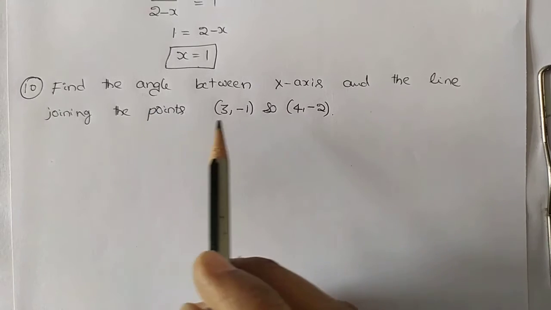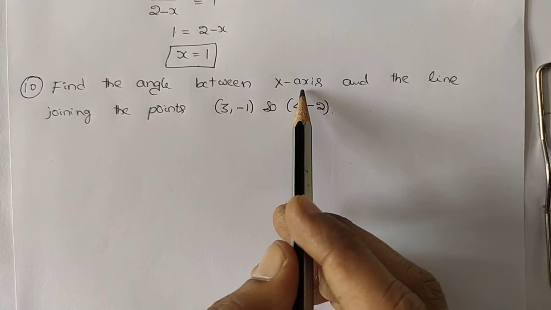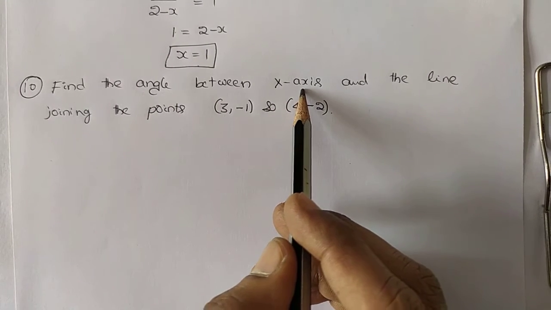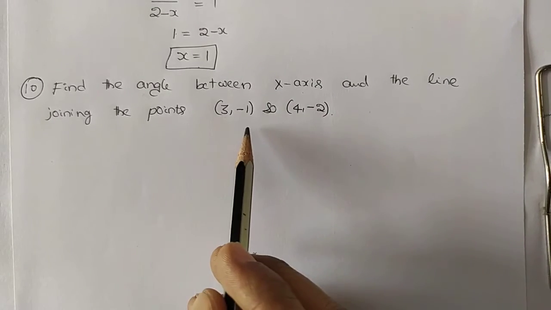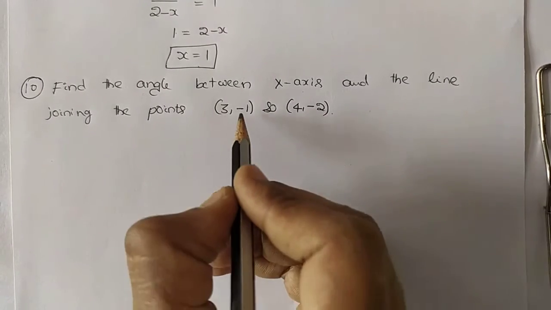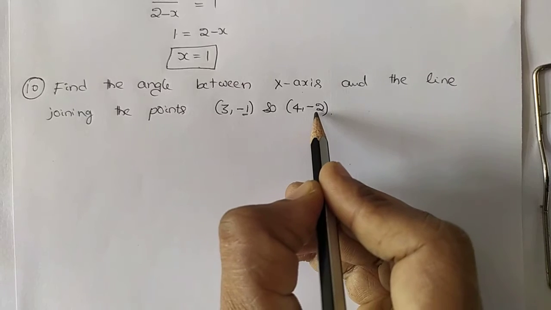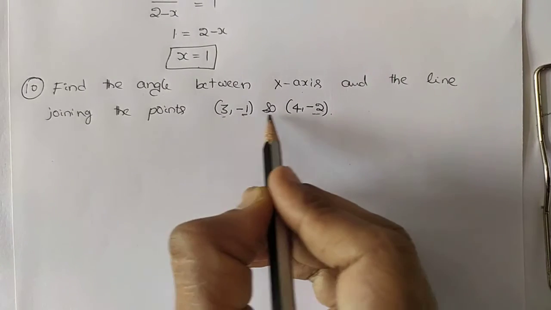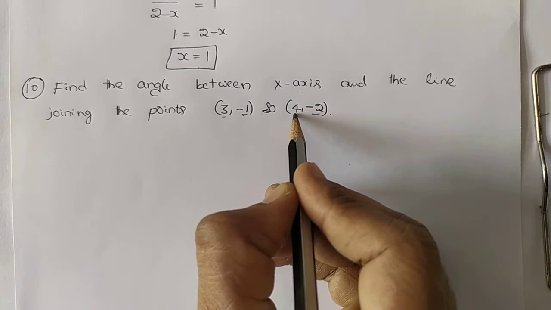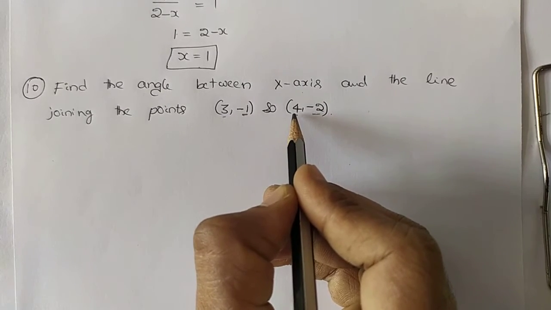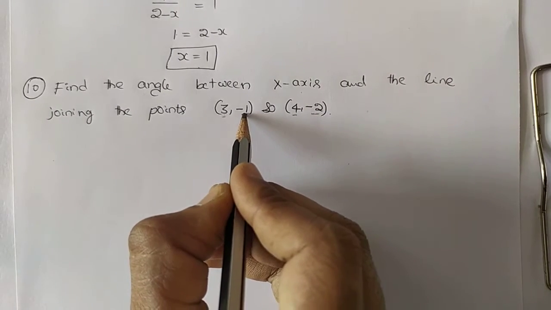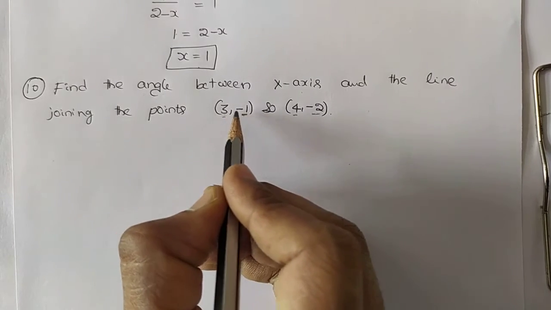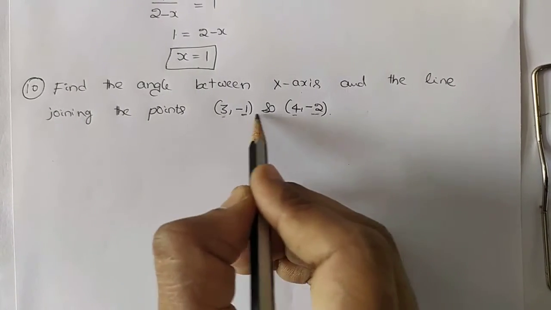He has given the angle between the x-axis and the line joining the points (3, -1) and (4, -2). See, the y coordinates are -1 and -2, and the x coordinates are +3 and +4, right? Positive x-axis, negative y-axis.